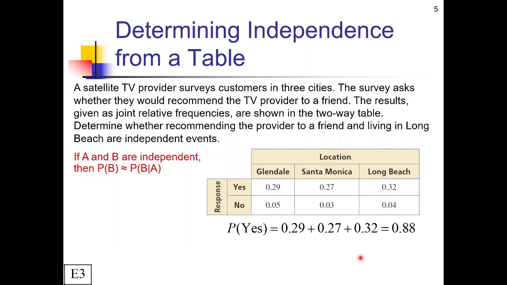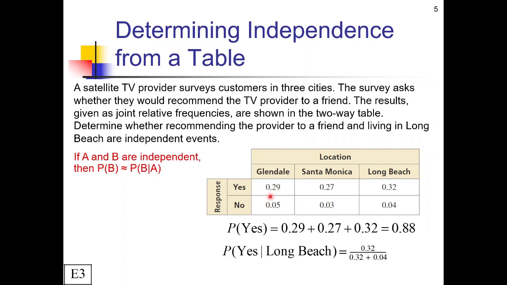All right. Now we want to know if this is roughly the same as yes given Long Beach. So to do the conditional formula there, I have to do the probability of yes and Long Beach, which is 0.32, divided by the probability of just Long Beach, whatever the condition is. So that's going to be 0.32 plus 0.04.